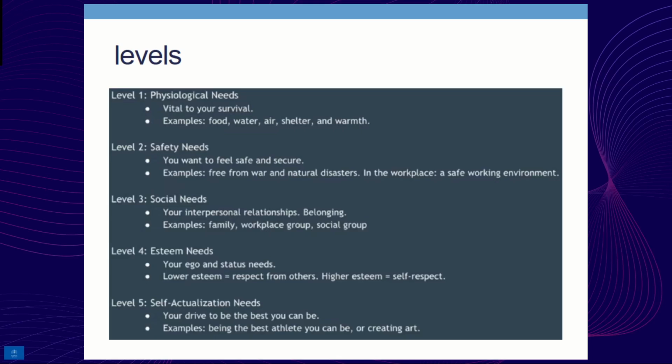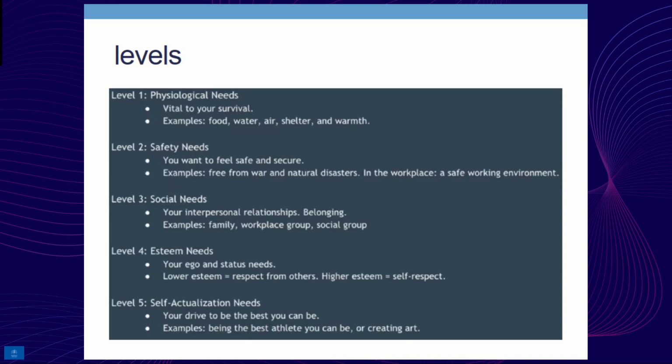Only once you have done this do you move on to being motivated to meet the next level of needs. This process continues until you reach the top level, self-actualization.